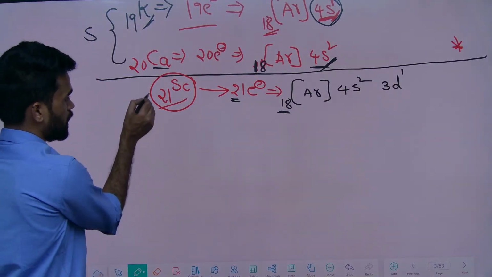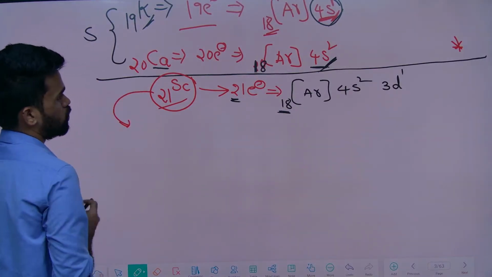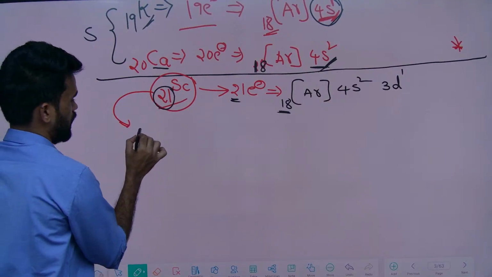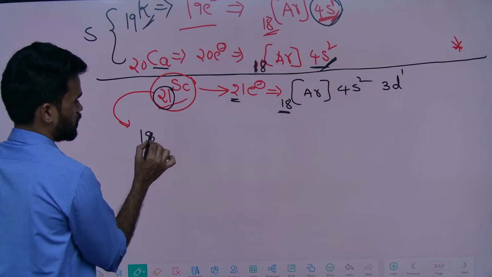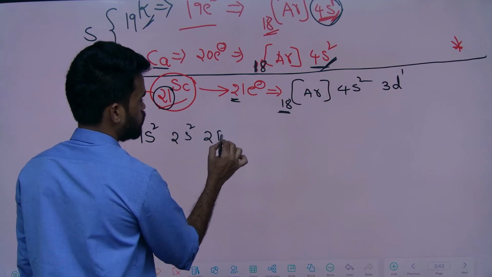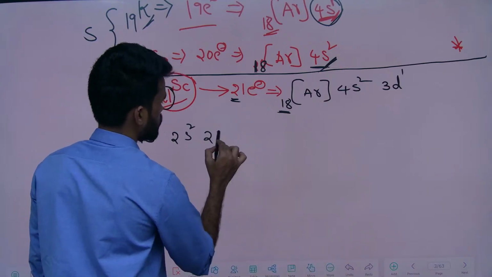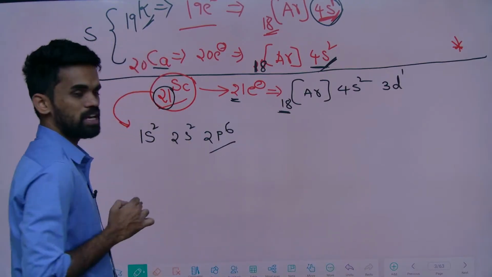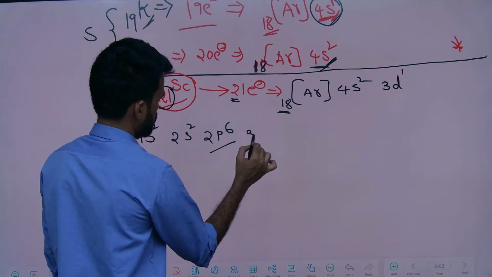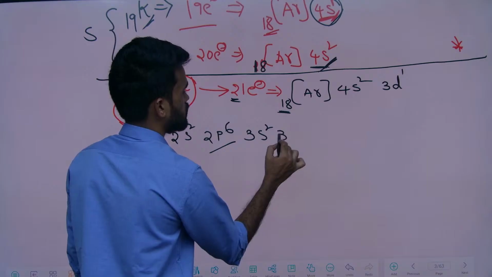Now again I am writing this more clearly, you just follow me. These 21 electrons are there. First you fill 1s2, next 2s2, next 2p6, because maximum we can fill 6 electrons in the p orbital. Then next 3s2, next 3p6.